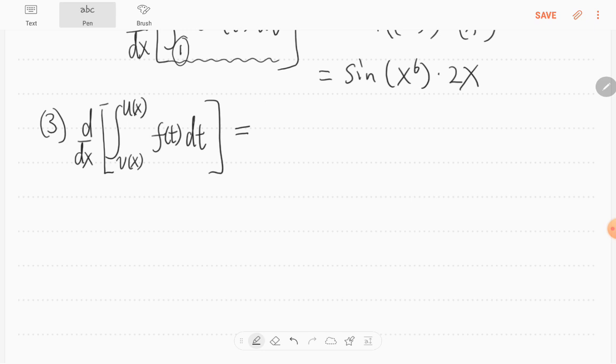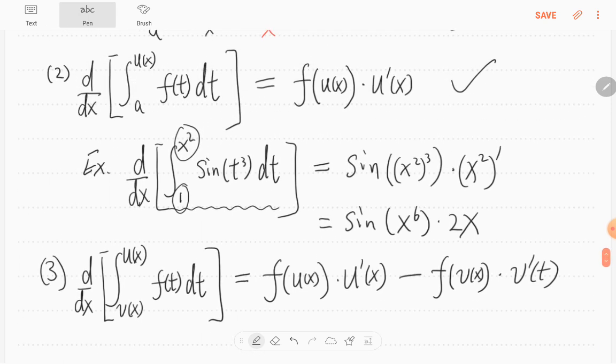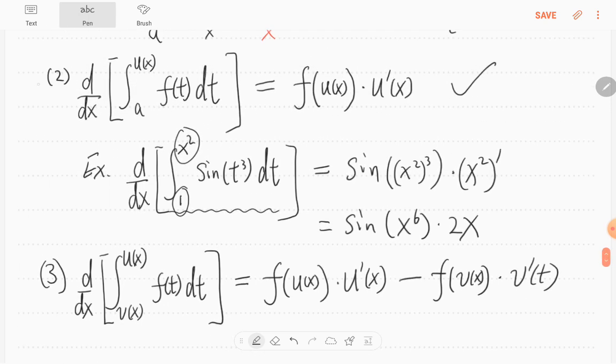The first thing, we plug in the upper limit, then multiply by the derivative of the upper limit, minus plug in the lower limit, times the derivative of the lower limit.